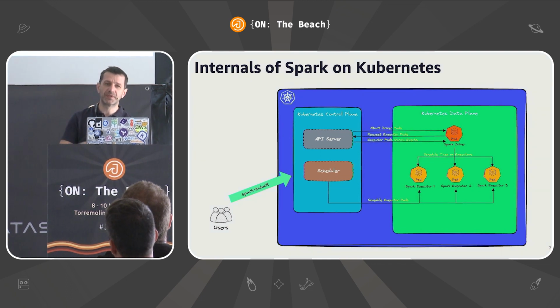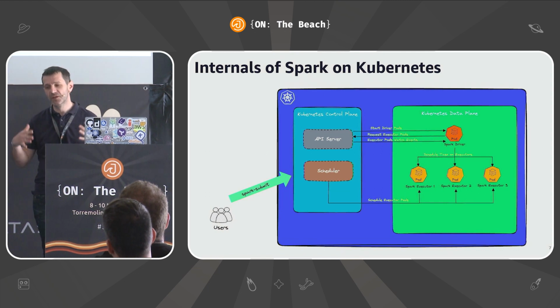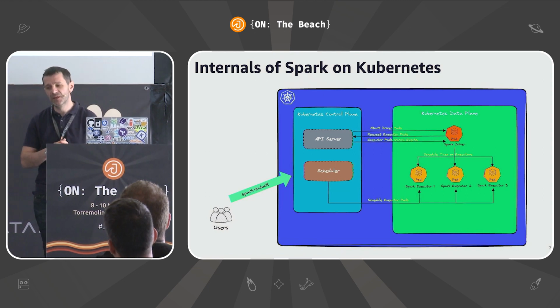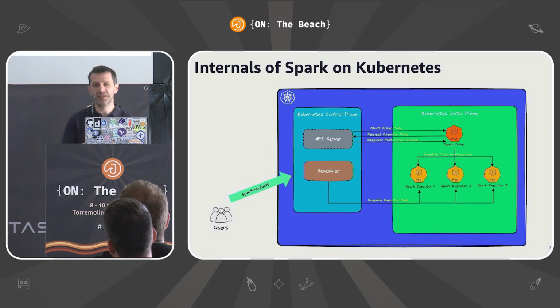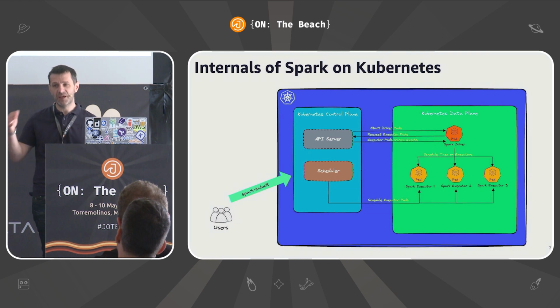Once the driver pod gets created, it informs the Kubernetes API that it needs some executors, and the API schedules the executors on the same data plane. The executors connect to the Spark driver through a headless service. Once the connection is done, the tasks are started by the driver itself. You'll see exactly this happening in our demo.